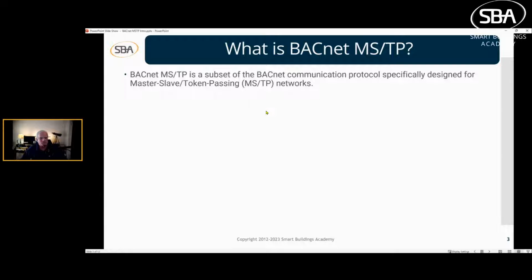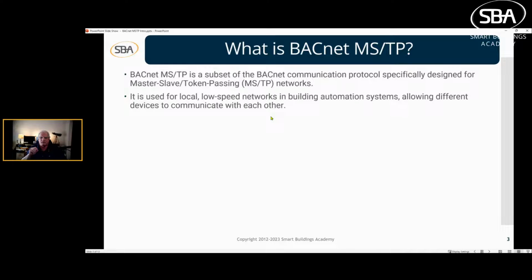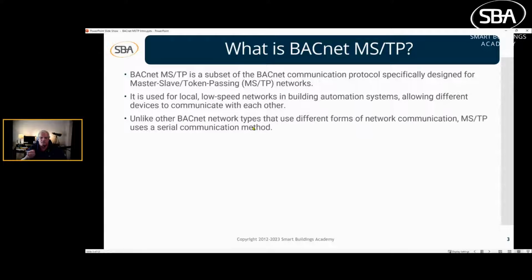It's a subset of the BACnet communication protocol, and it's specifically designed for master-slave token passing MSTP networks. It's used for local, low-speed networks in building automation systems, and it allows different devices to communicate with each other. And unlike other BACnet network types that use different forms of communication, MSTP uses a serial communication method.